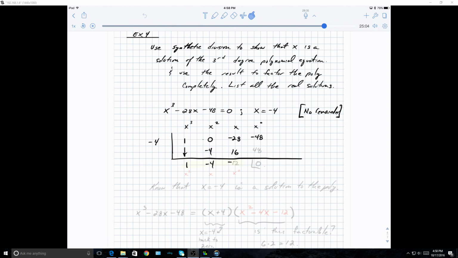That looks like a negative 12. Negative 4 times negative 12. It looks like it's a positive 48. And that is, in fact, a 0. So at this point, we now know that x equals negative 4 is a solution to the polynomial.